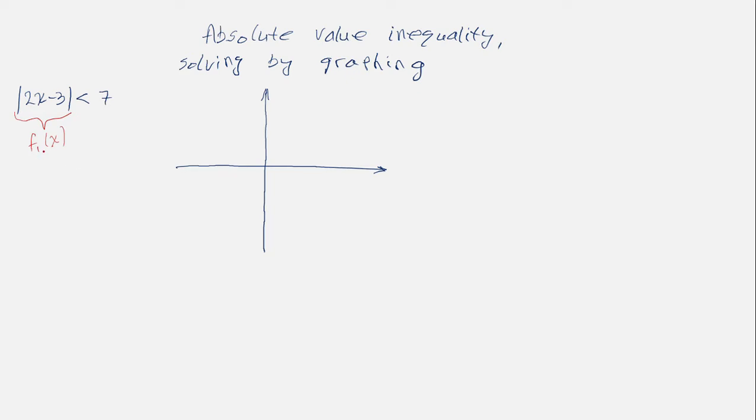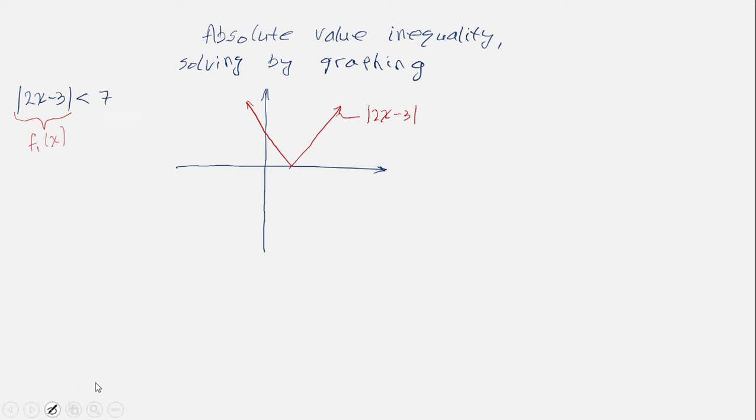So if we graph the absolute value of 2x minus 3, because of the minus 3 and the 2, the graph is going to shift and be somewhere here. So that's our absolute value of 2x minus 3.